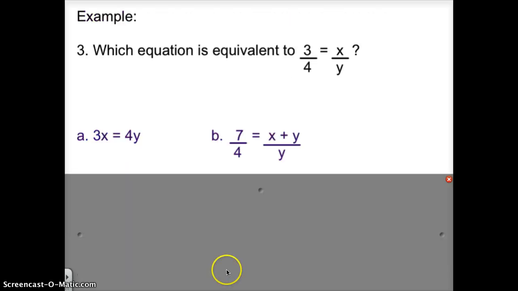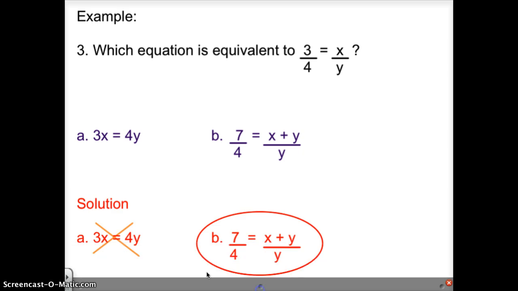Again, try not to look at your sheet for this example. It is example 2. Which equation is equivalent to 3/4 equals x over y? Is it 3x equals 4y, or is it 7/4 equals x plus y over y? Which one would it be?